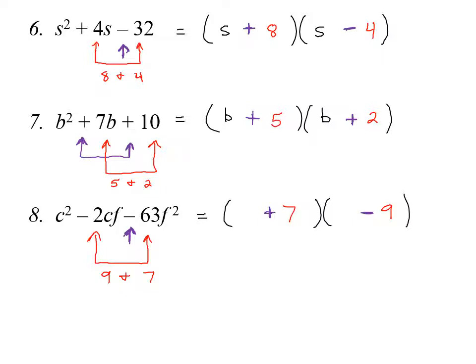This one has c squared, so we'll go c and c. But notice it also has an f squared on the 63, so we'll have to do an f and an f as well. Again, if you FOIL this together, you should get c squared minus 2cf minus 63f squared.